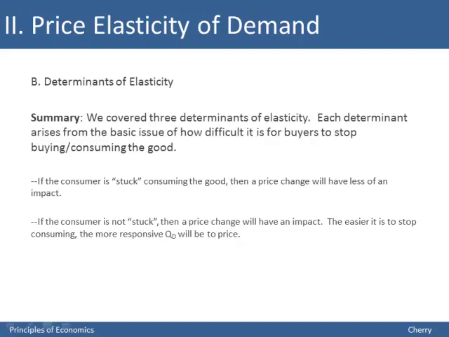If it's easier to stop consuming, the more responsive quantity demanded will be to the price. So it all gets back to how easy it is to stop consuming or substituting away from that purchase. And those 3 determinants, whether it's a necessity or a luxury, whether there are available substitutes, and time horizon, all get at this fundamental question.